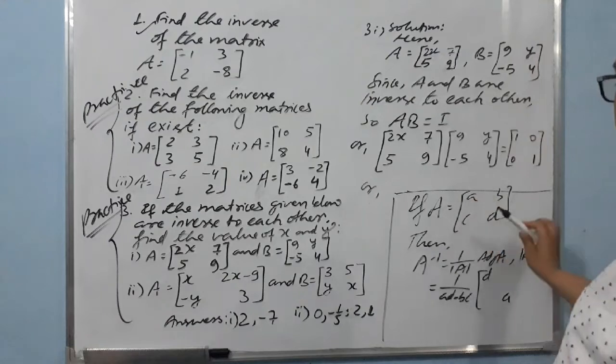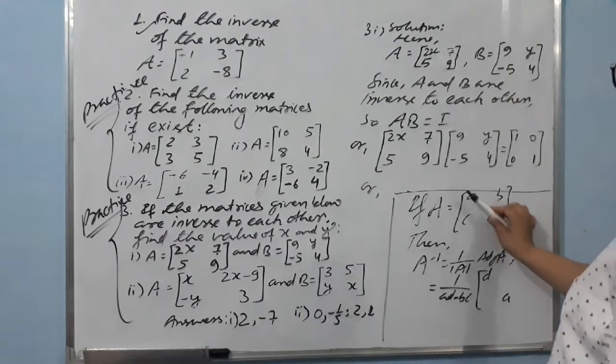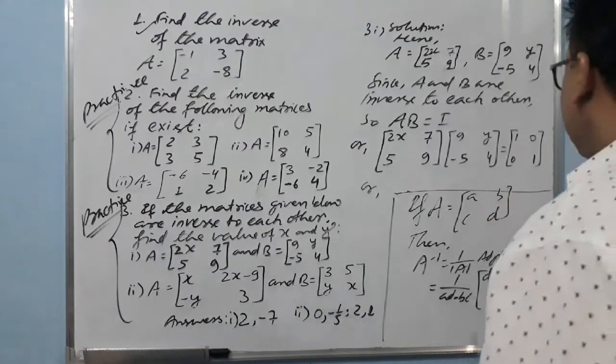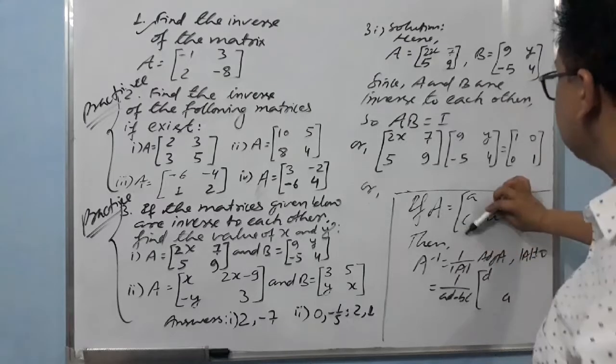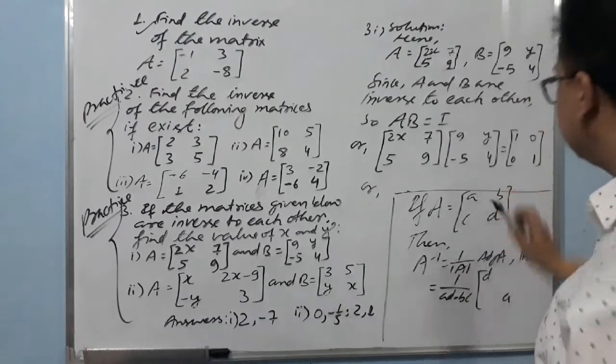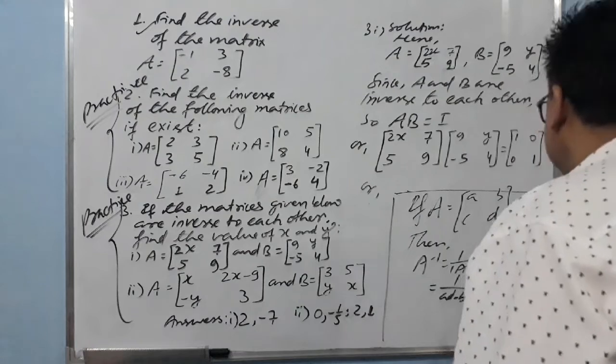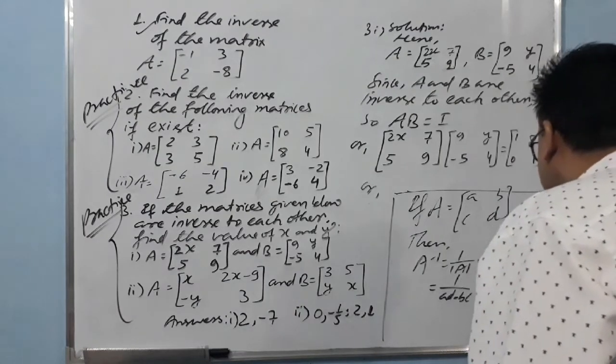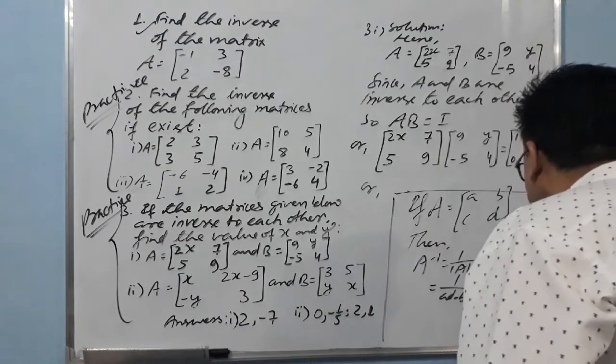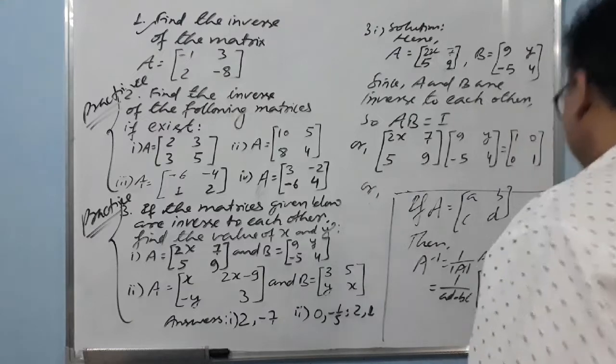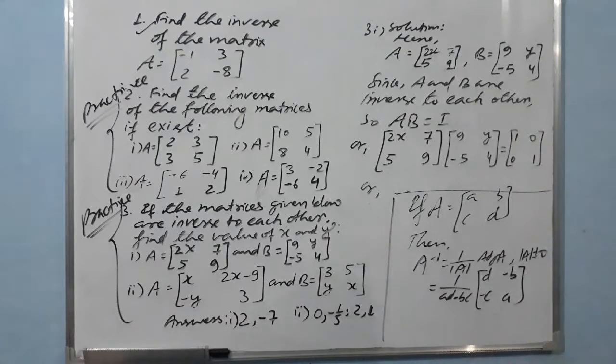To find the adjoint, you will just interchange the elements of the main diagonal and change the sign of the elements of the secondary diagonal, giving D, A, and C and minus B. So this is your inverse.